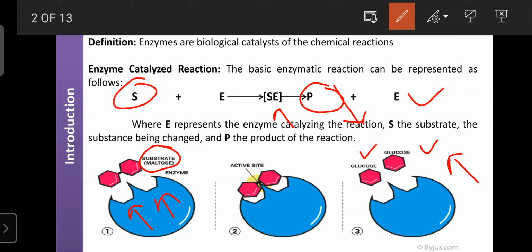So these are the two main factors that affect enzyme activity. As you know, enzymes are active in particular environments or conditions.